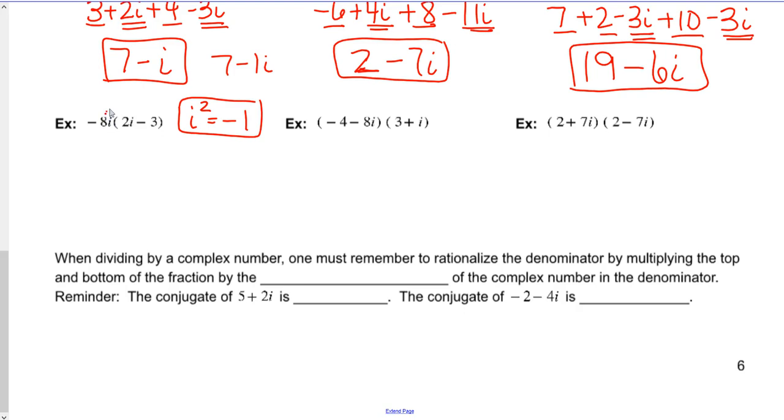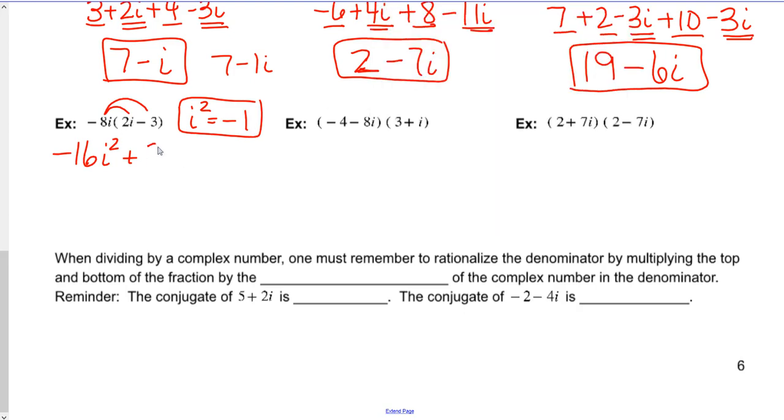So I'm going to go ahead and distribute this negative 8i. And when I do that, negative 8 times a positive 2 is negative 16. i times an i, we're multiplying now, becomes an i squared. And a negative 8i times a negative 3 becomes a positive 24i. Now, oops, I didn't write 24, I wrote 2.